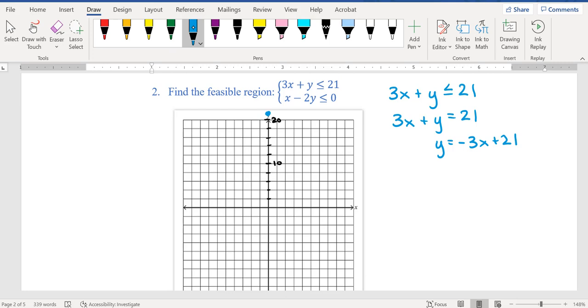Let's just do it this way: x, y. If y is 0, x would be 7, and if x is 0, y would be 21. So if I do 2, 4, 6, 8, 10, I'm going to have 7 at 2, 4, 6, 7. Here's my line.